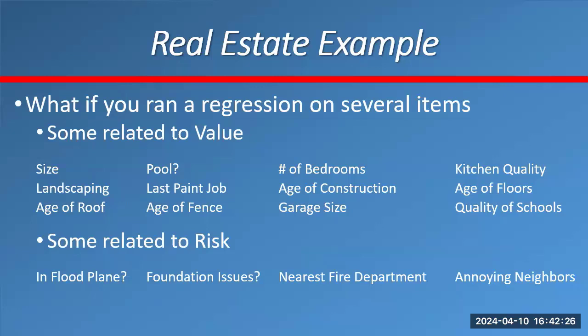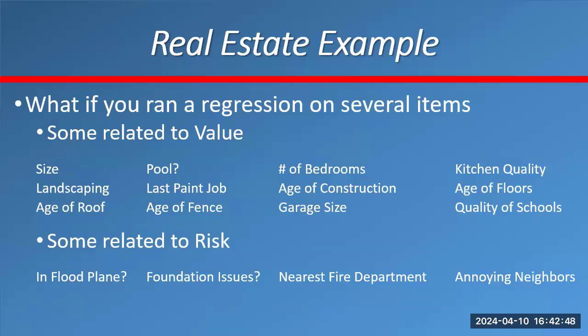So on value, what would you want? The size of the house, we've already adjusted that with square feet. Landscaping, the roof. Does it have a pool, number of bedrooms, the kitchen? All these kinds of things you might look at related to value. And then on risk, you might ask, is it in a floodplain, which in California is a huge deal.